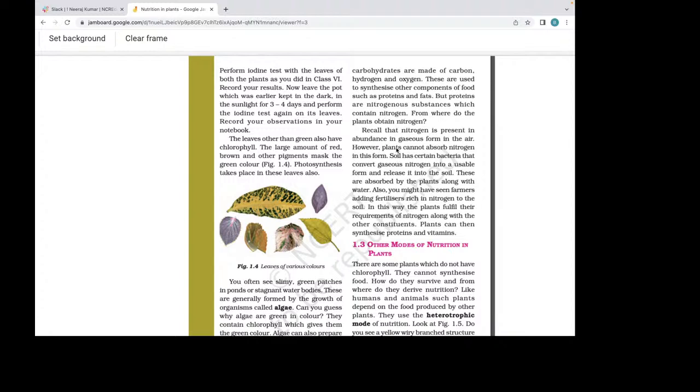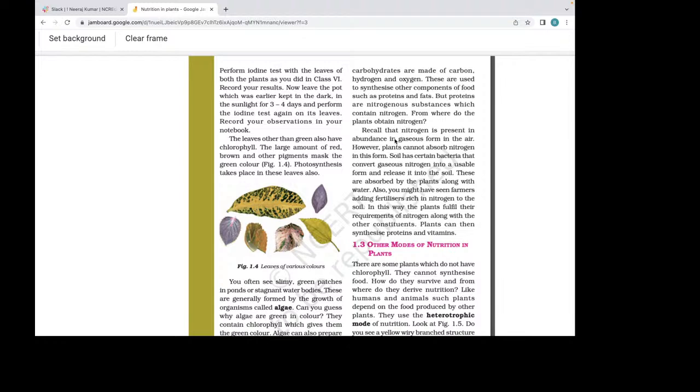However, plants cannot absorb nitrogen in this form. Soil has certain bacteria that convert gaseous nitrogen into a usable form and release it into the soil. So we know that nitrogen is in the air in the gaseous form, but how is it made usable for plants?